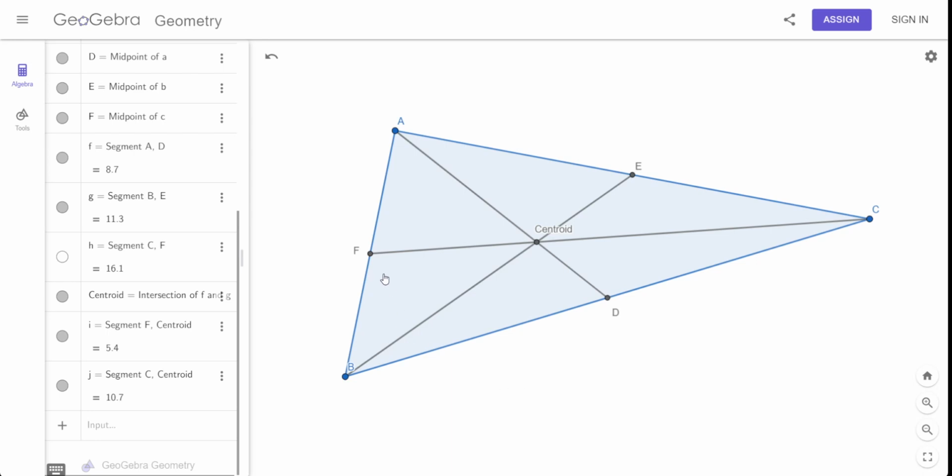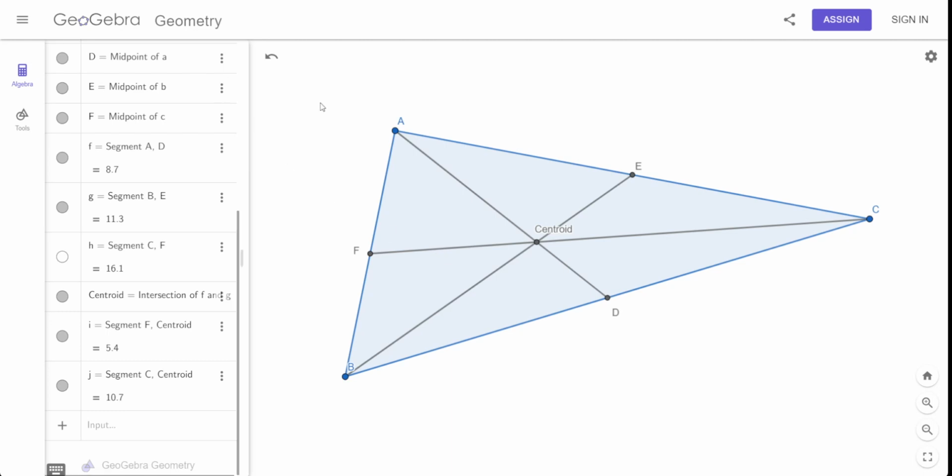Look at from F to the centroid, from the centroid to C. Do they look the same length? No, absolutely not. In fact, this one looks considerably bigger than this one. And it's not just considerably bigger, it's exactly, what do you think? Just wild guess. 2 times bigger. It's exactly 2 times as big as this.